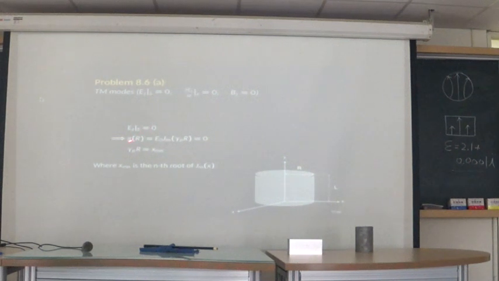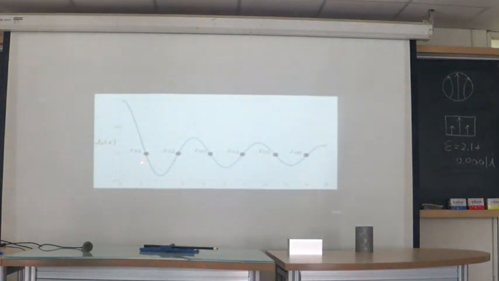So g of r should equal 0. Then gamma p times r is equal to the nth root of the Bessel function Jm. And it looks like this: this is the first root of J0, the second root of J0, and so on.